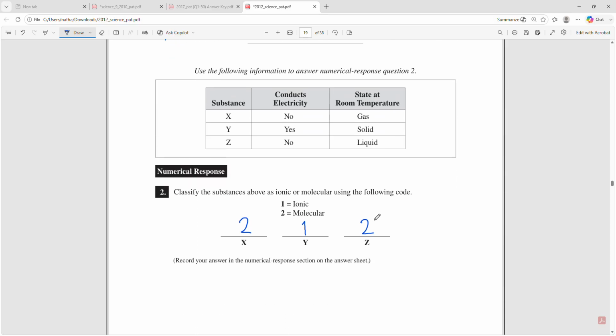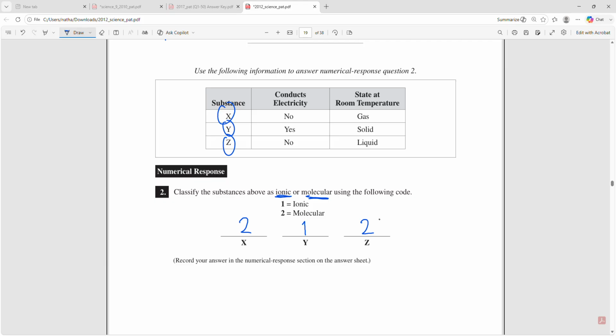Next one. Use the following information to answer numerical response Question 2. We have 3 substances labeled substance X, Y, and Z. And it tells us it either conducts electricity, yes or no, and is it a gas, solid, or liquid at room temperature? And asks us to classify the above as ionic or molecular using the following code: 1 for ionic, 2 for molecular.